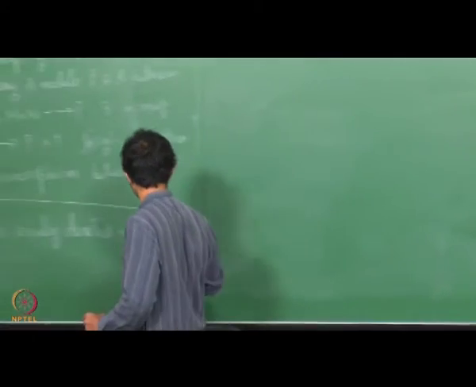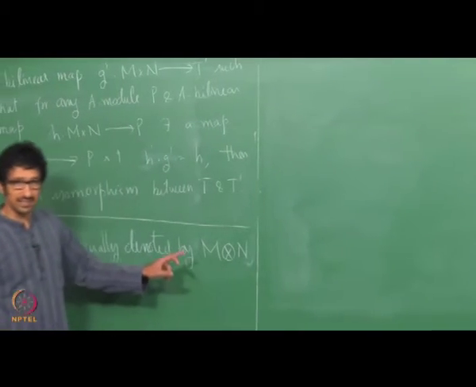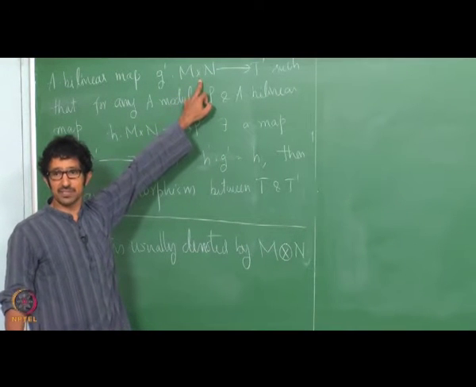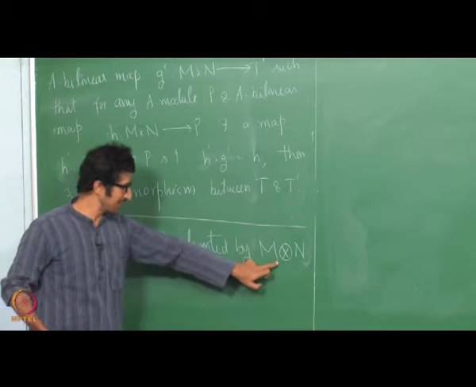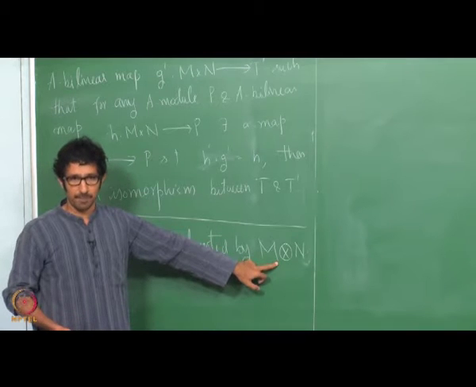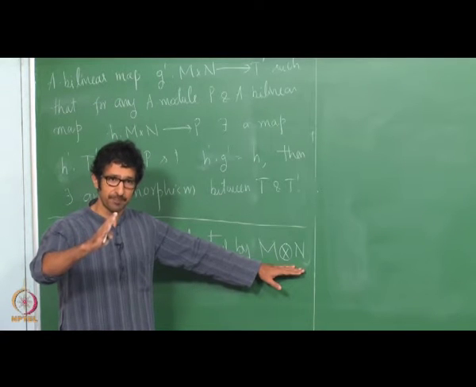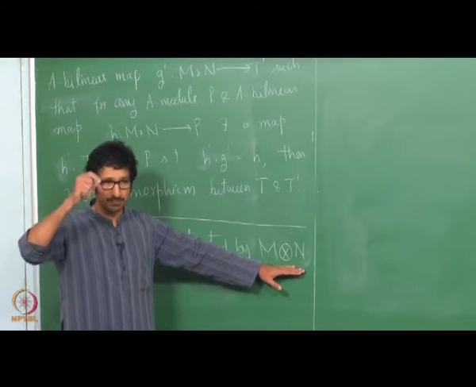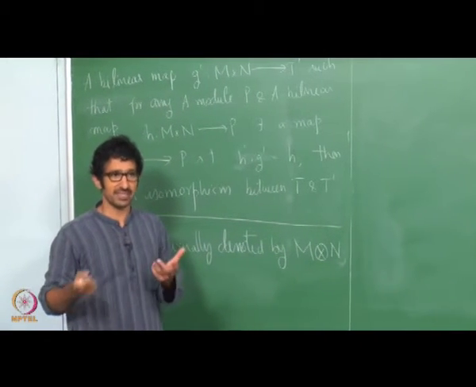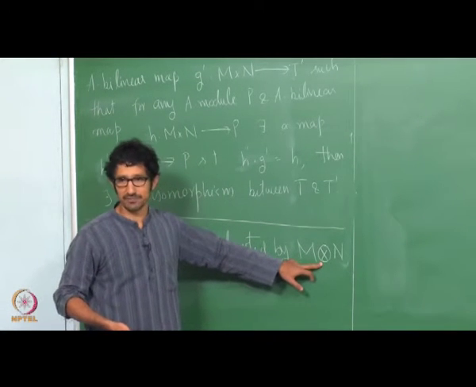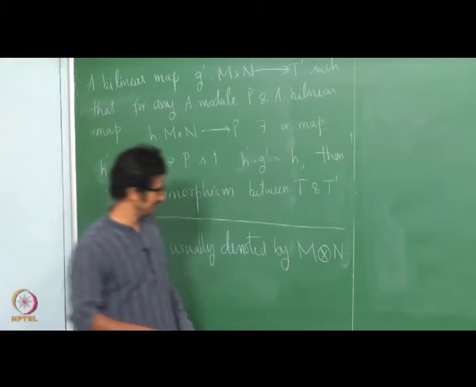To start with, note that in M cross N every element is of the form x comma y, where x belongs to M and y belongs to N. But here not all elements are of that form. How did we construct this? For each x comma y I had a basis element exy. Every element of F will be a linear combination of the exy's. So every element here will be a linear combination of x tensor y.